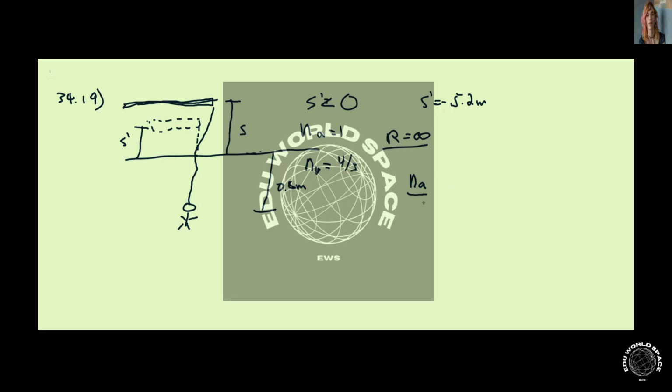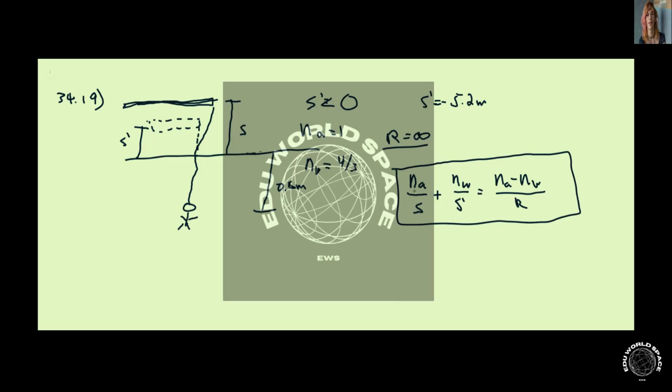So our equation becomes n_a over the object distance, plus n_w over the image distance. And this should equal the difference in these indices, over the radius of curvature, right? Cool. So this is our equation that's going to let us figure out what we want.